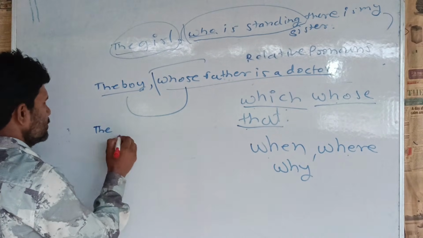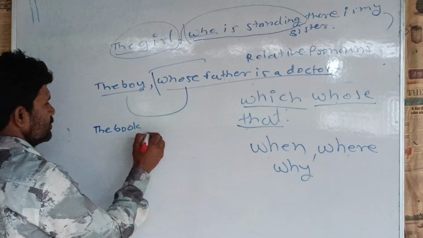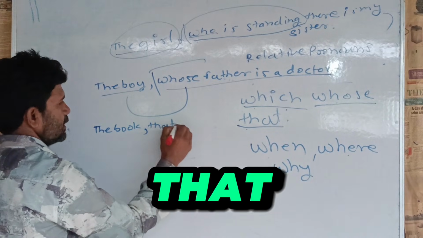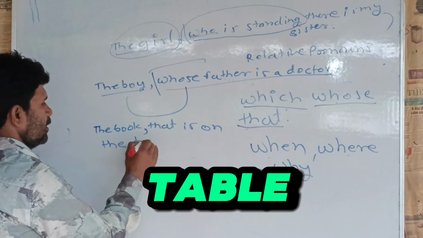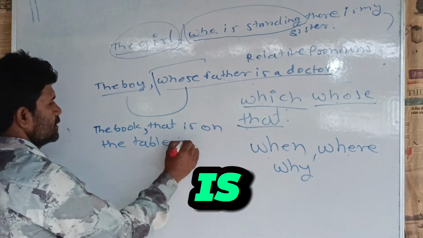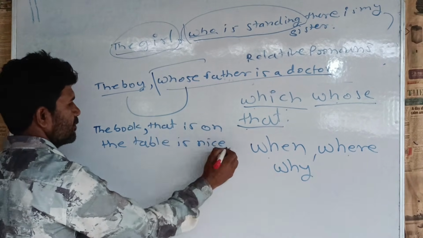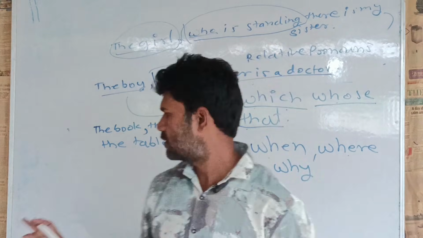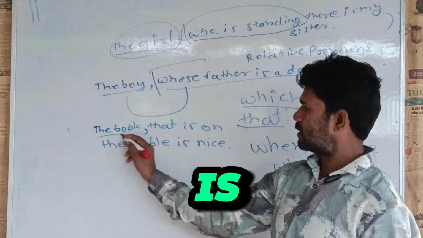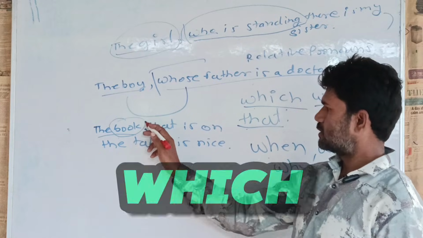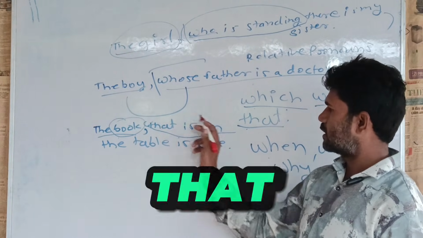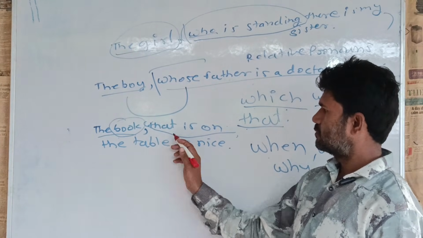The book that is on the table is nice. The book is the subject, which means it is a noun, which is described by this group of words: that is on the table.